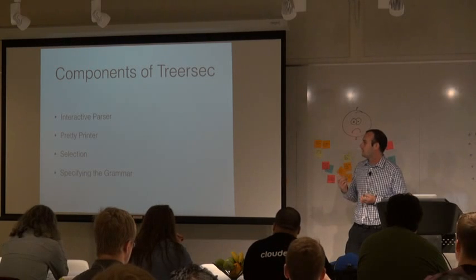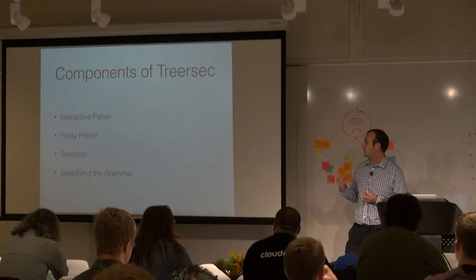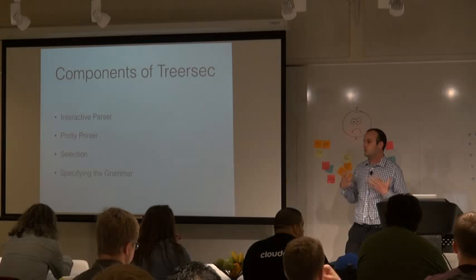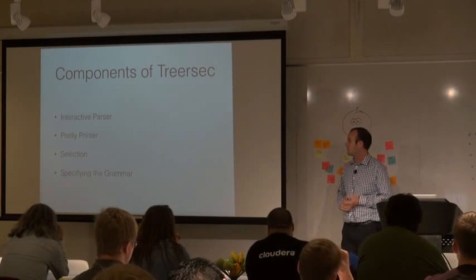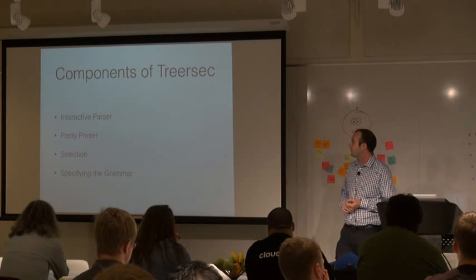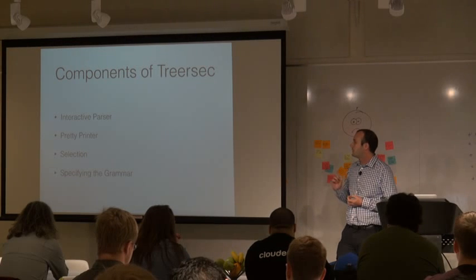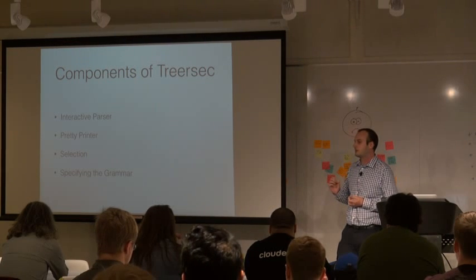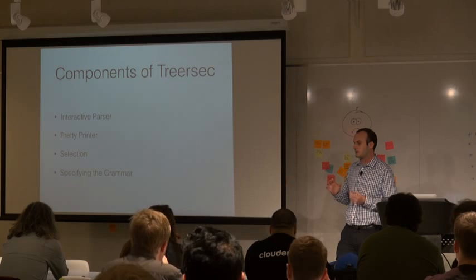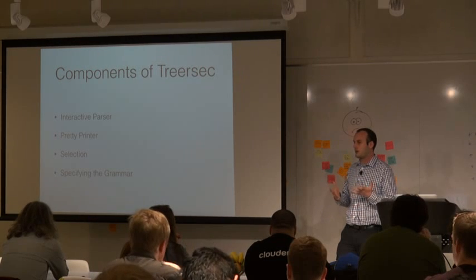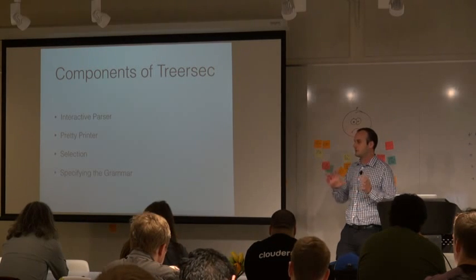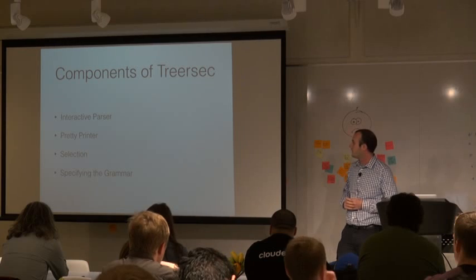So there are a lot of choices that go into building a structure editor. It's kind of an open field in a way that a text editor is not. And the one I've written, it's pretty close to a text editor. It's not as radical as like Lego blocks or a visualization of the tree or anything like that.